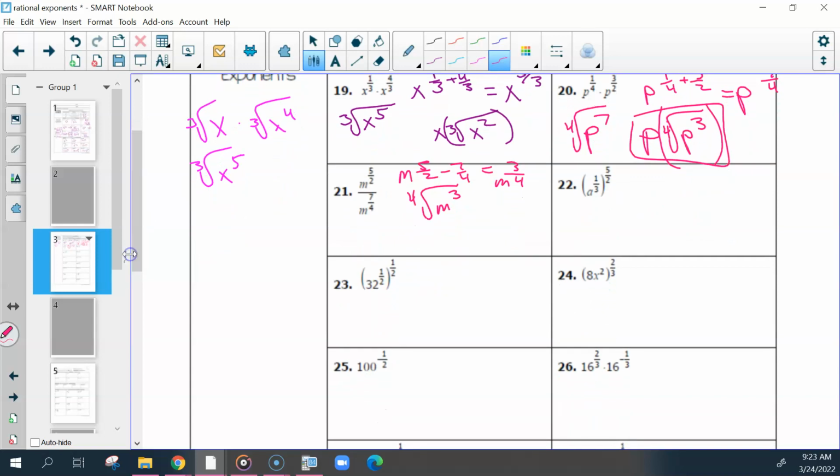For 22, we have an exponent being raised to an exponent. What are we doing with the exponents? Multiplying. So they're not level, but you're multiplying across. So 1 times 5, and 3 times 2.